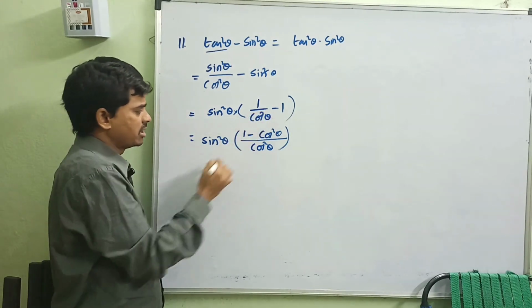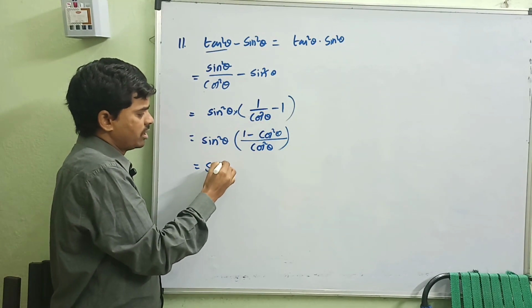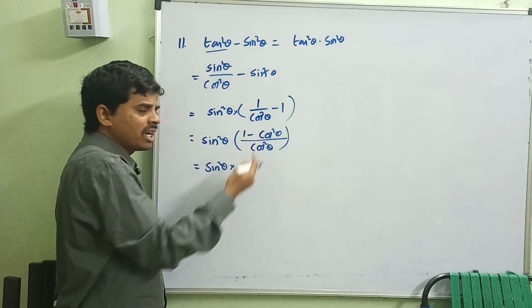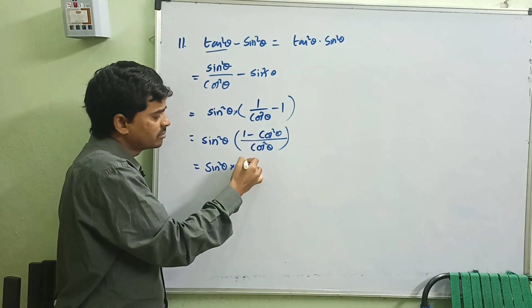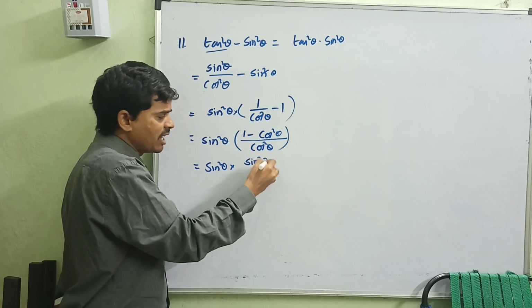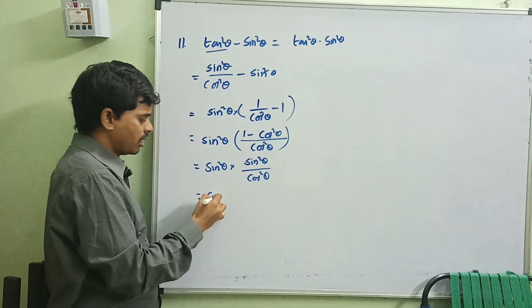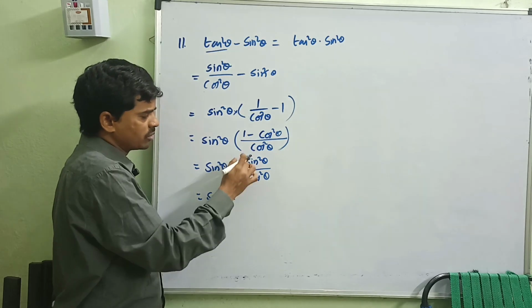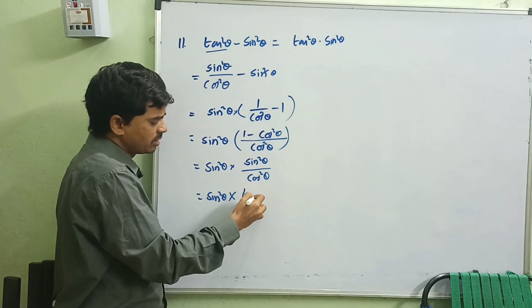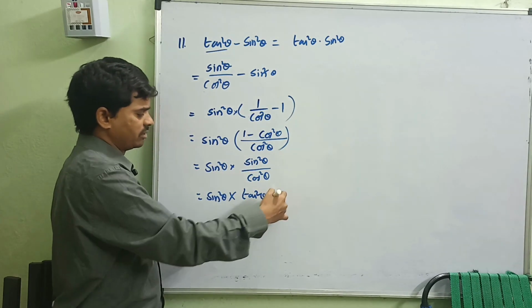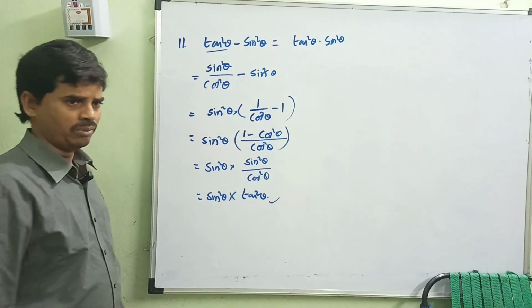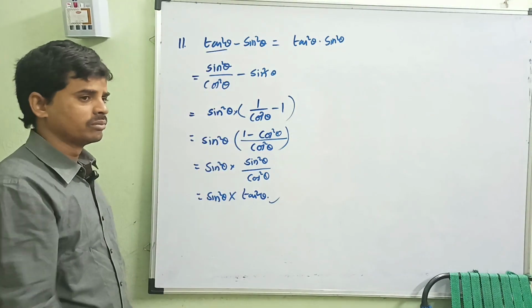I simplified this like this. Next, sin square theta into 1 minus cos square, we can write from the identity sin square theta by cos square theta. Sin square theta into sin square by cos square, how much? Tan square theta. That is what is required to prove. Tan square into sin square.